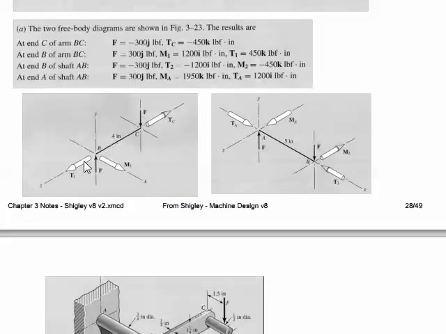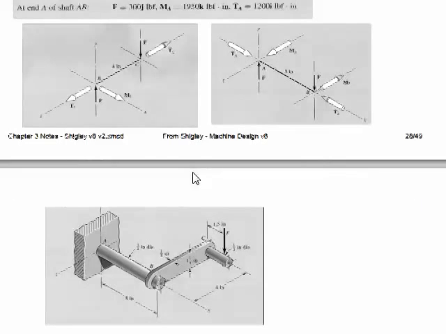Getting into the problem, we will first go to BC, and I've got the picture down here where we can see it. If we just cut BC out all by itself, right on the top surface of this round shaft, all we're going to have is a torque caused about this section, no bending moment in any direction, and that torque will be 1.5 times our load of 300 pounds.